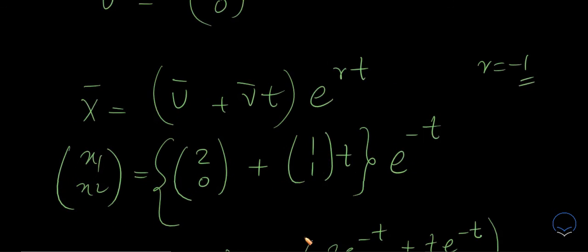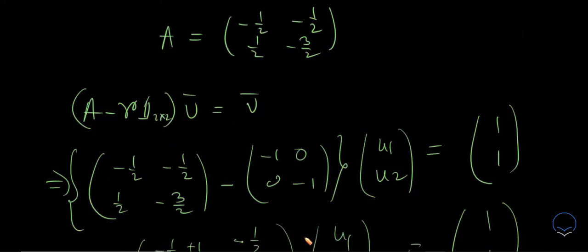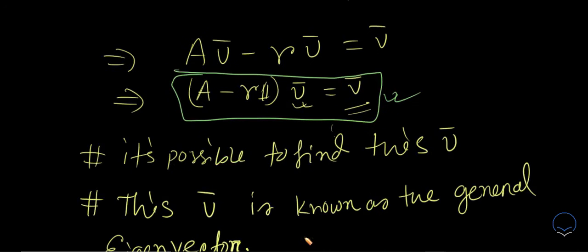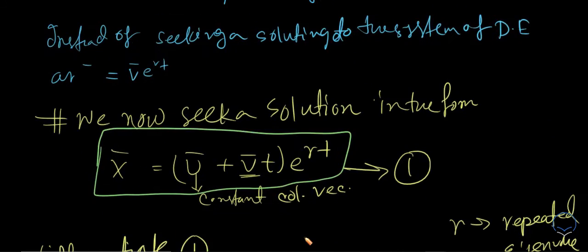So this is how we can deal with the deficient eigenvalue cases. All you need to do is assume a solution like this.